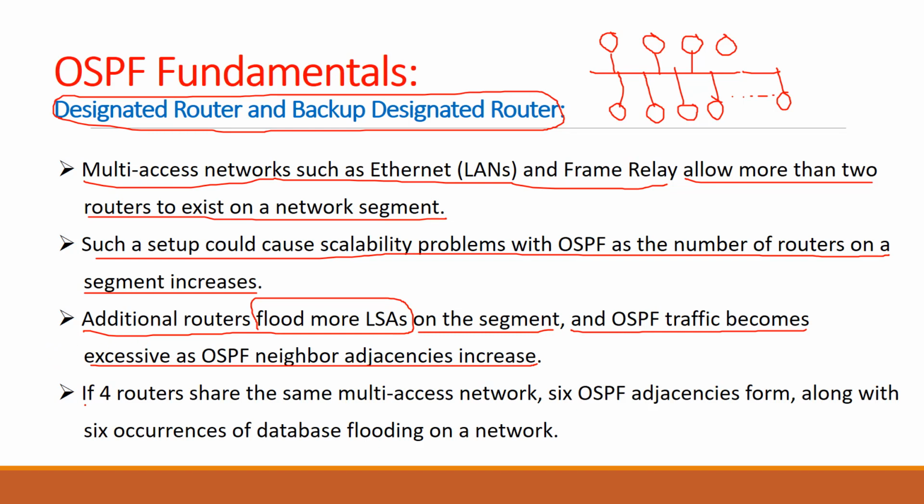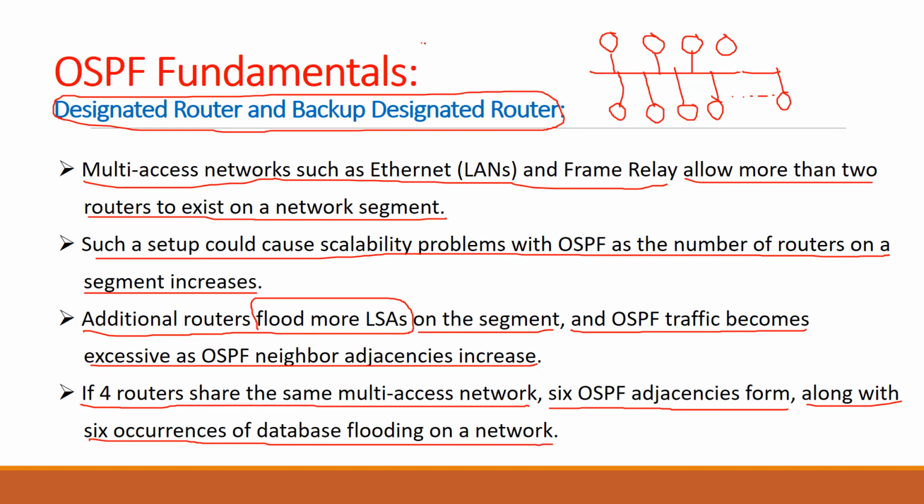Let's give an example here. If 4 routers share the same multi-access network, 6 OSPF adjacencies form, along with 6 occurrences of database flooding on a network.